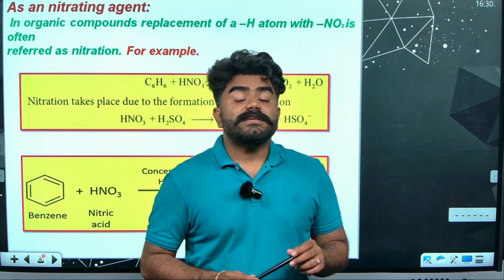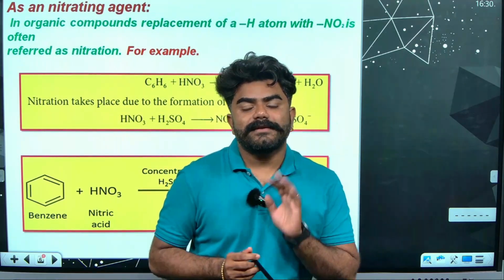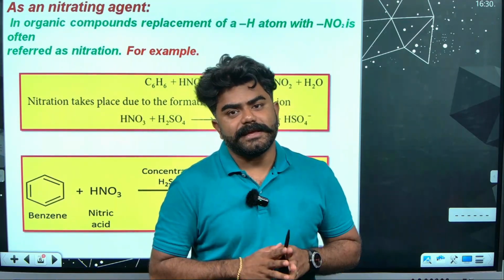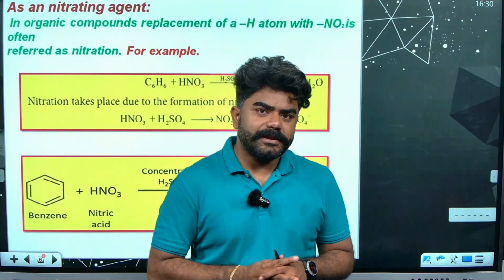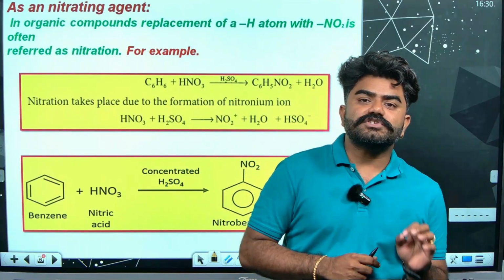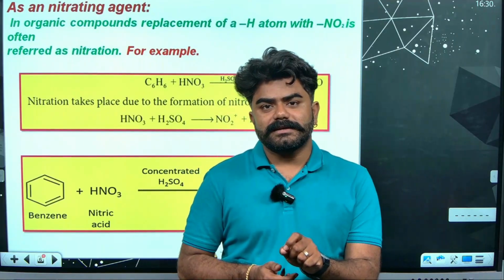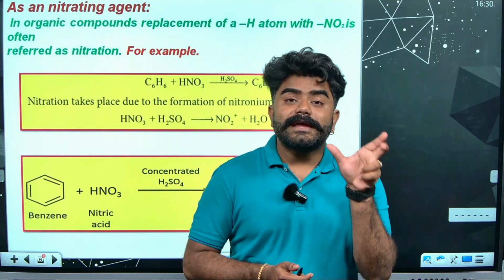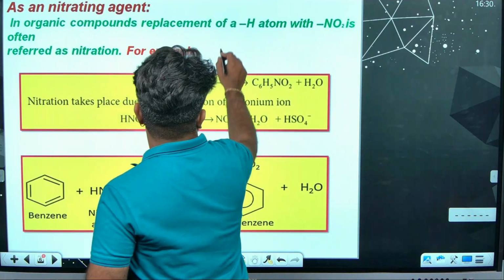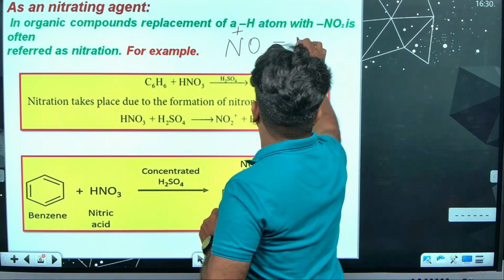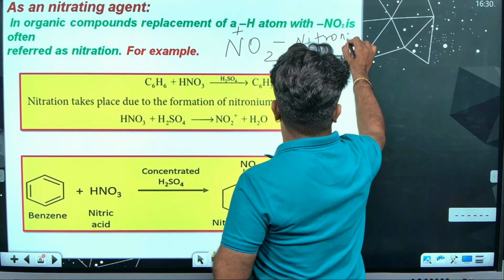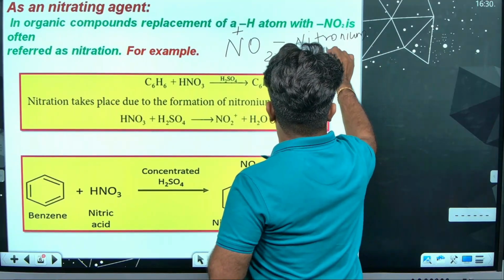Okay, we say nitric acid is a nitrating agent. இப்போ ஏன் அது nitrating agent நம்ம பார்க்கலாம். First அந்த nitrating agent எப்படி form பண்றது அப்படின்னா when you take an equimolar mixture of sulfuric acid and nitric acid you get nitronium ion, that is NO2 plus ion. இதுக்கு பேர் தான் nitronium ion.